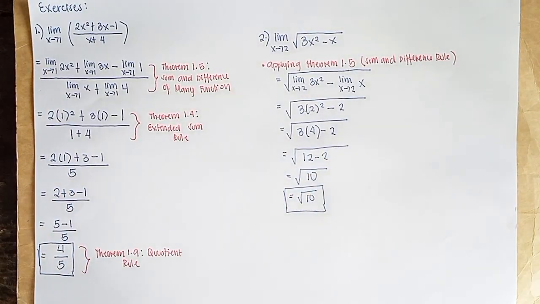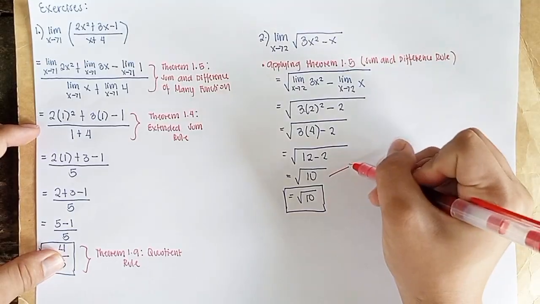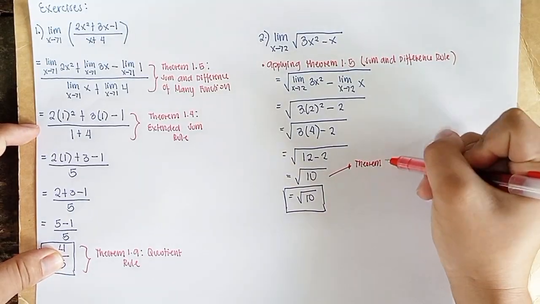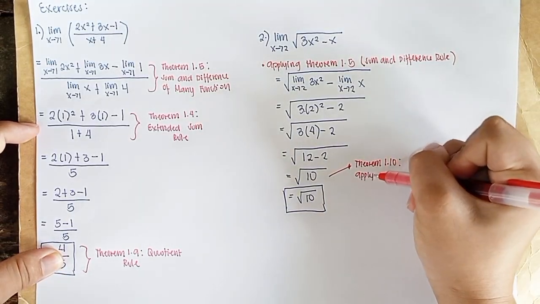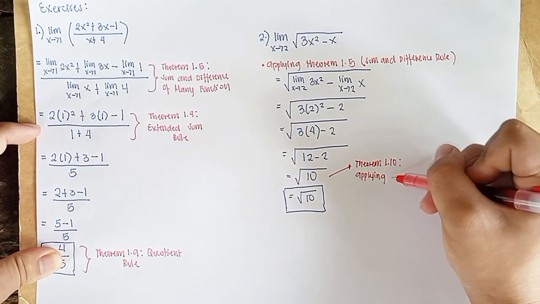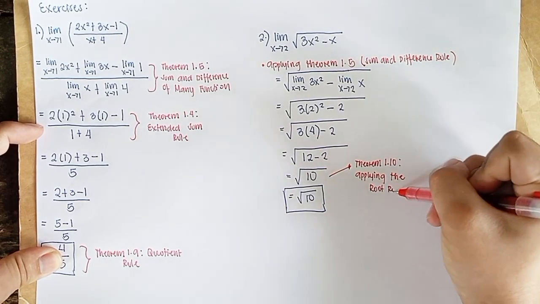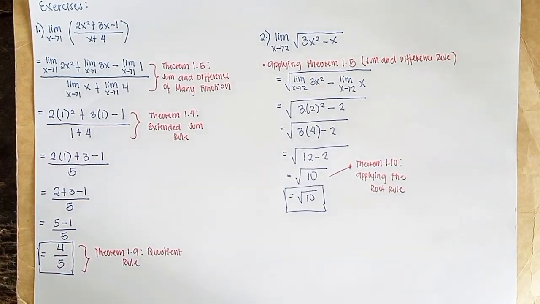So square root of 3 times 2 squared minus 2. So let's simplify. 2 times 2 is equal to 4. That makes it 3 times 4 minus 2. Then we all know that 3 times 4 is equal to 12 minus 2. So this becomes the square root of 12 minus 2.